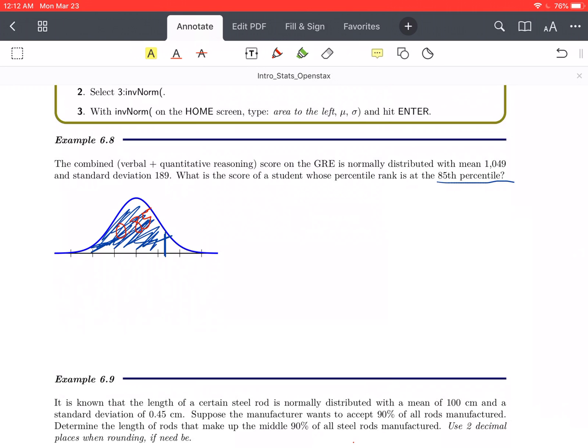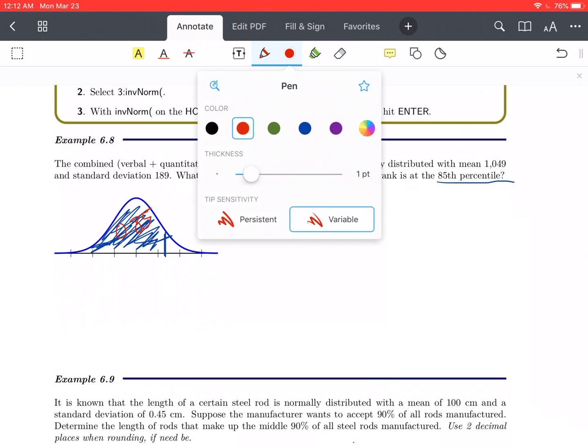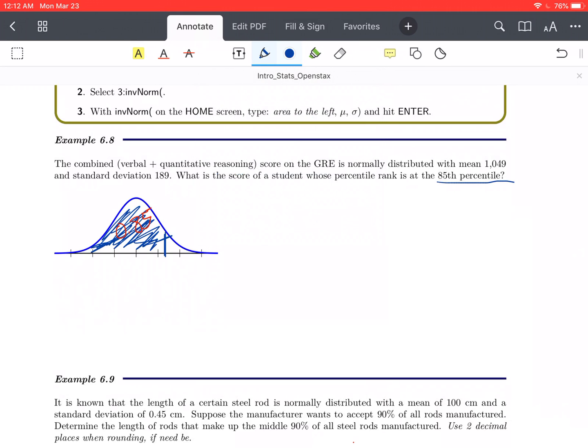Now, what we need to do is find this value, which I'm going to call z0, so that the probability that z is less than z0 is 0.85. So we need to find that z-score that gives us 85% below it.